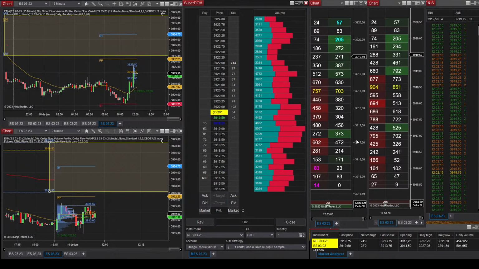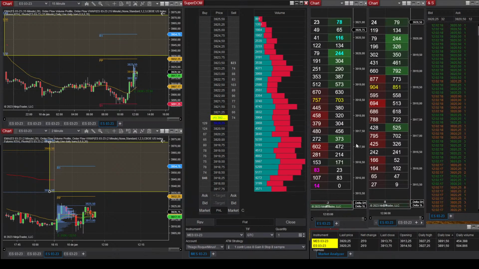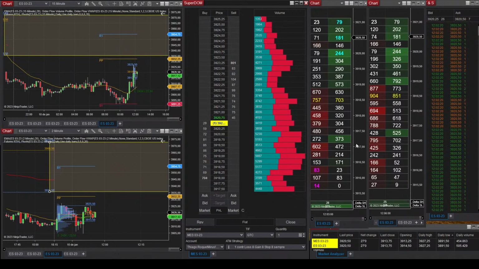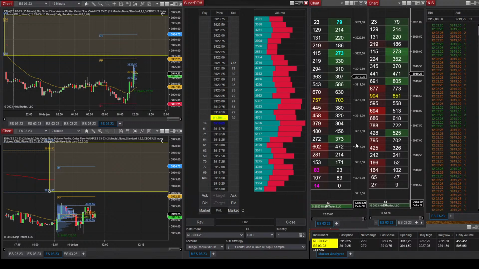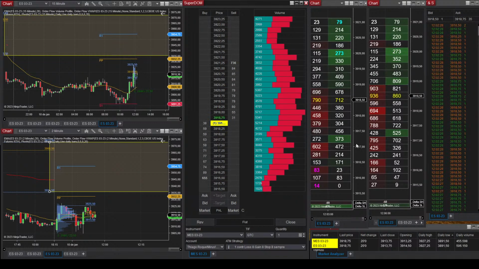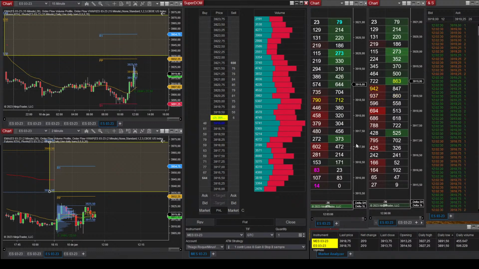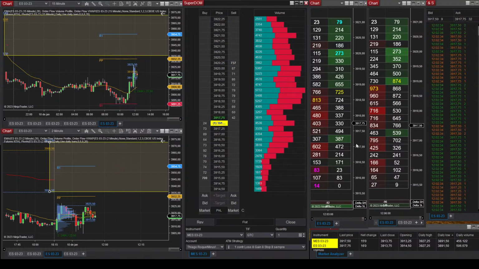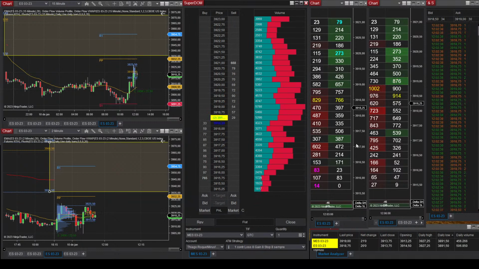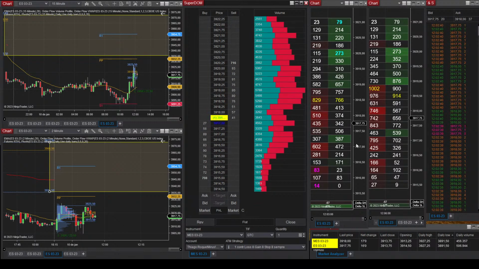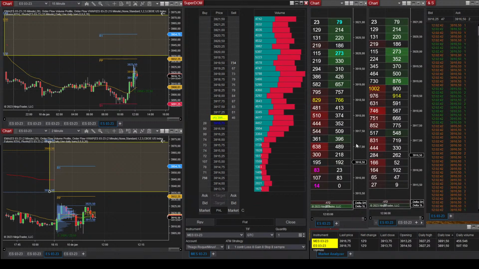Sellers absorbing. Impossible to say who's going to win. And it's also important, even though we are seeing and narrating all this, to avoid getting biased. We need to stick to what we're seeing.